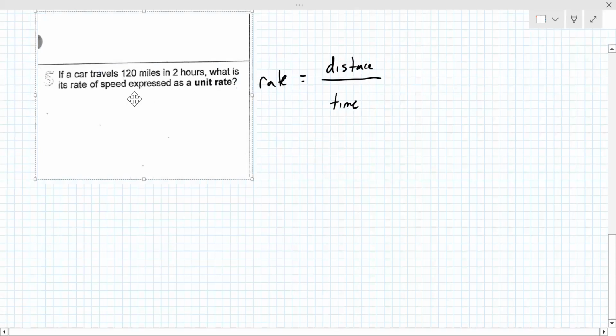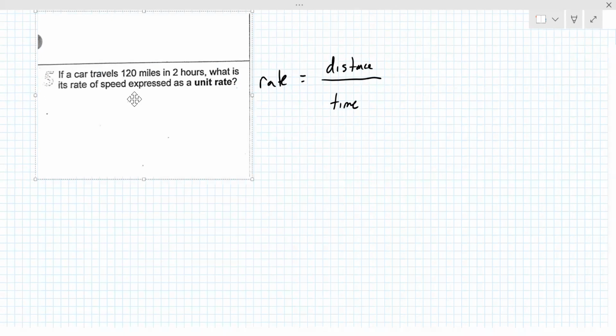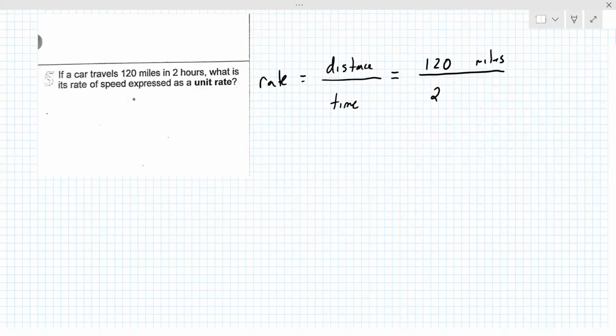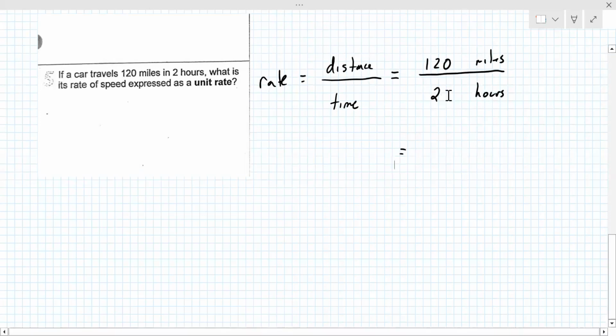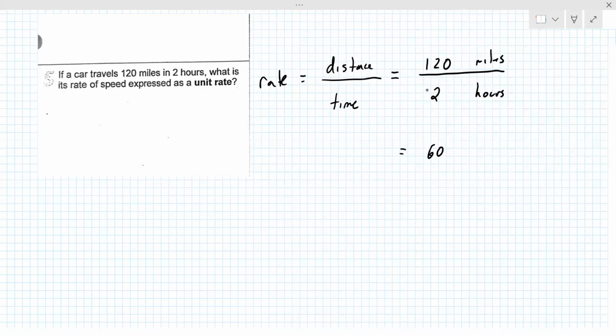Do they give you a time? Yep, they give you 120 miles in 2 hours. So would that be 120 divided by 2? So you do have to divide. It's 60 miles per hour.